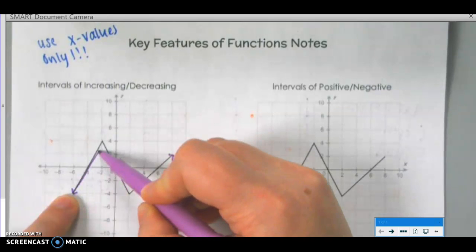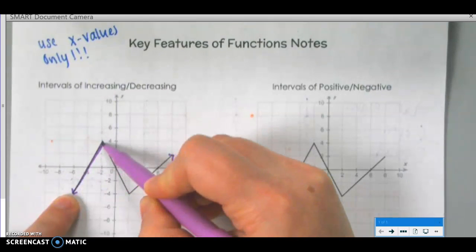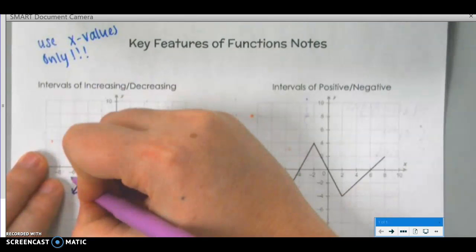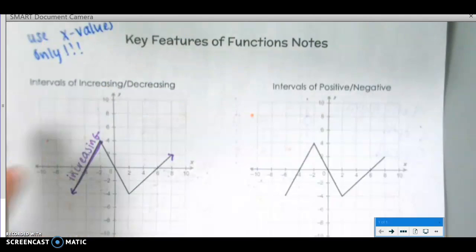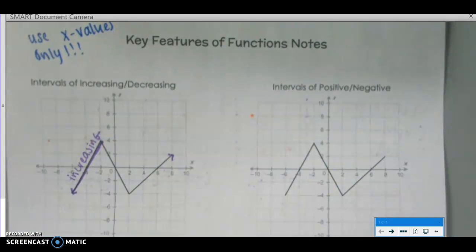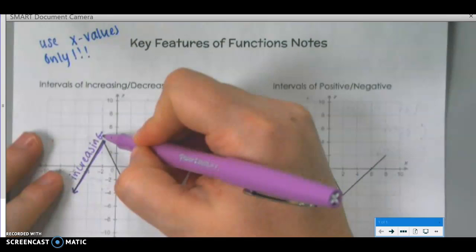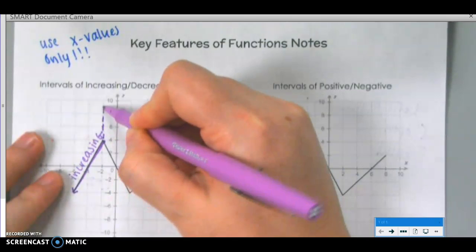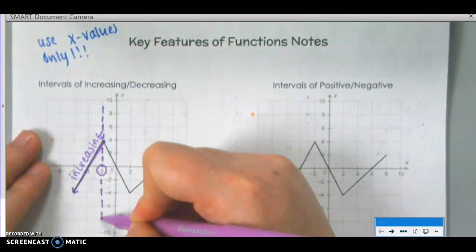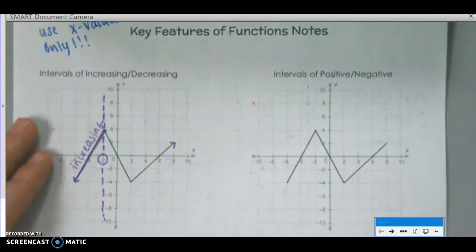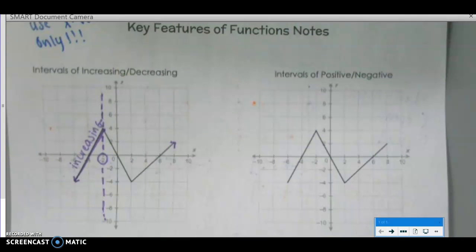So as I trace this graph, clearly you can see that my pen is getting higher. So this is increasing. And I'm also going to make a note of where that cutoff is. And again, I'm using a number from the x-axis. So that is increasing right up until my x value is -2.